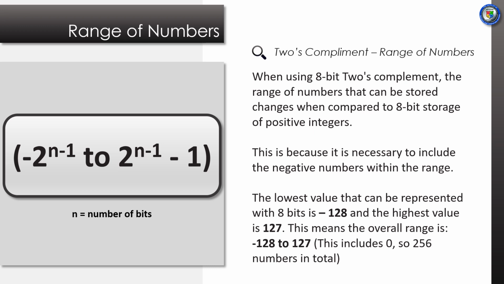We use a calculation to help us work this out. The calculation is shown on the screen just now. Negative 2 to the power of n minus 1 to 2 to the n minus 1, minus 1, where n represents the number of bits we are using.